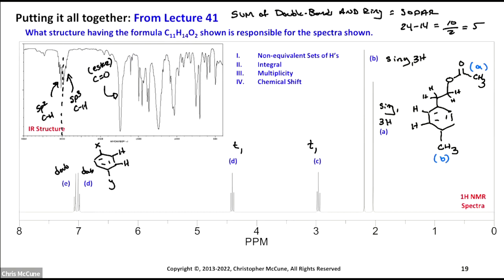The next peak over would be C. C is a triplet. It's around 3, so it's pretty benzylic-like, but it's got that CH2OH on the other side. But that's very close to being where we'd see a benzylic position right there, which that is. And so that's going to be 2 hydrogens there, a 2-hydrogen triplet. That makes sense.